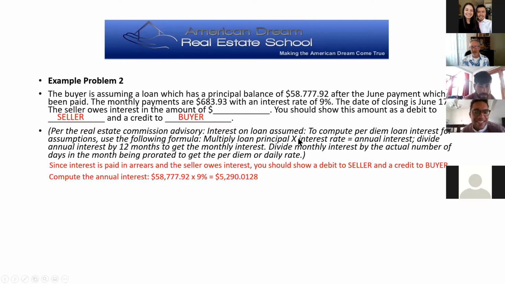Look at the formula. You got your annual interest. Then you take the annual interest and divide it by 12 to get the monthly interest. And then you times it by the number of days.